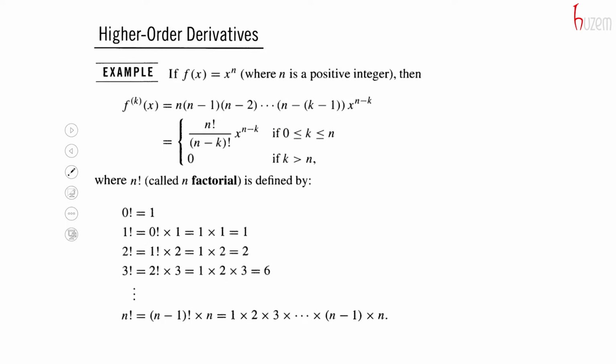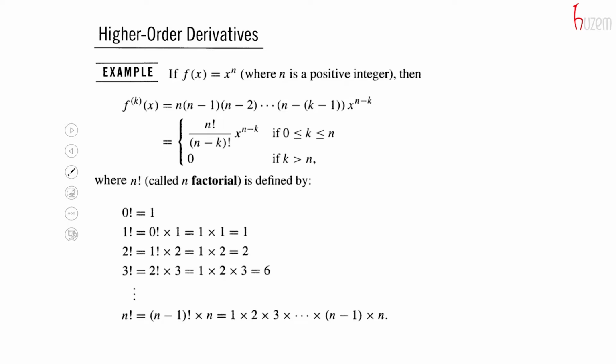So the kth derivative of the function f will be given by n times (n minus 1) times ... times (n minus k plus 1) times x to the power n minus k. And after the nth derivative, you'll get a constant function, and the derivatives you compute will be 0. So that's why for k bigger than n, you'll get 0 as your derivative.